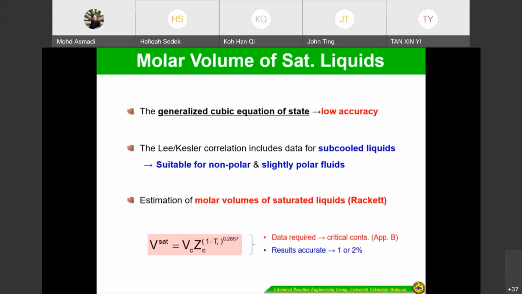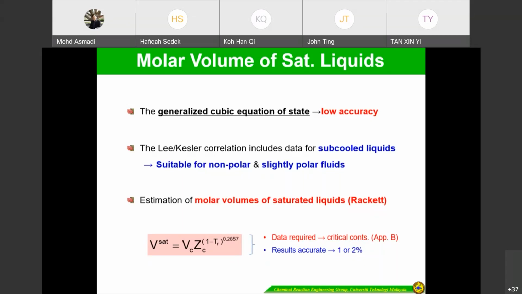If you want to calculate the volume of the saturated liquid, we call it the Rackett equation. You have to remember this is the Rackett equation. I always tell students, for the liquid, if you want to calculate the volume, you have to use the Rackett equation. The data you require is from appendix B, for example VC and also ZC.